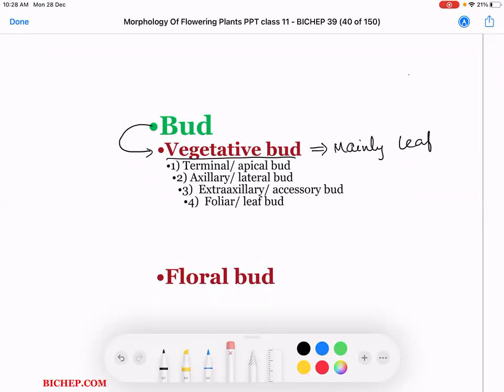Now, the types of vegetative bud. Number one is the terminal or apical bud.